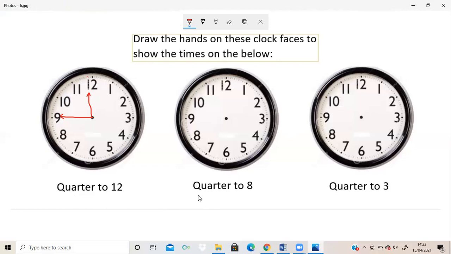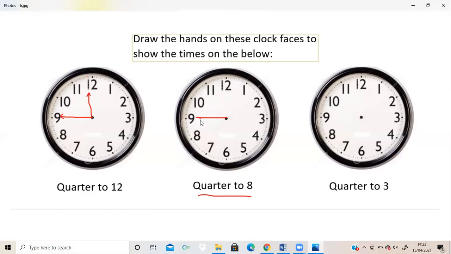So this one is 7:45, and very simple, you need to draw the minute hand and it's pointing on 9. So the minute hand should point on 9.